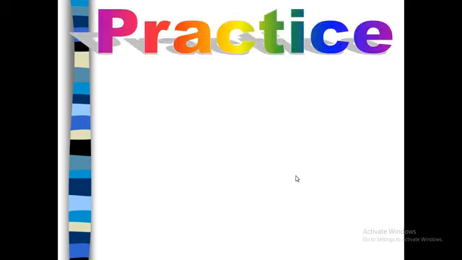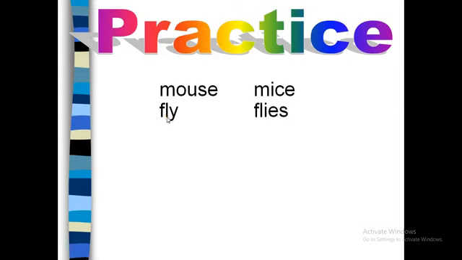Okay. Let me practice with you. Now, mouse. Yes. This is mice. Now, fly. This one ends with Y. ما قبل الY is a consonant, so flies. Drop Y, put IES. Pen, just add S. Pens.